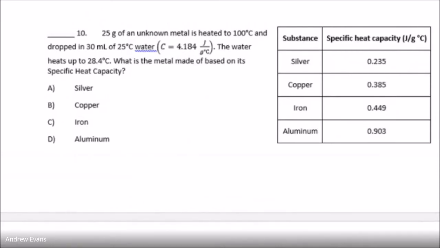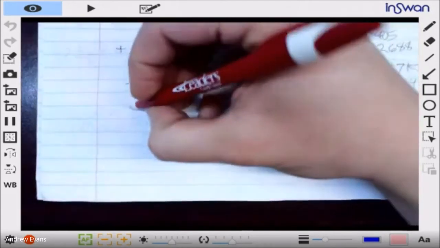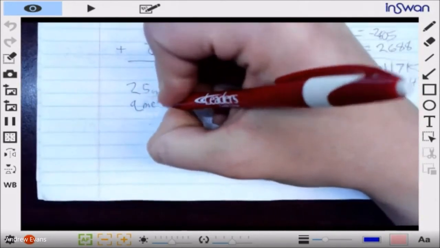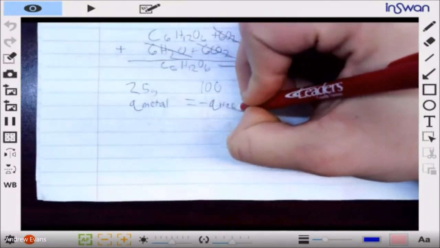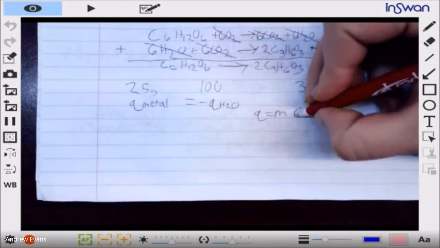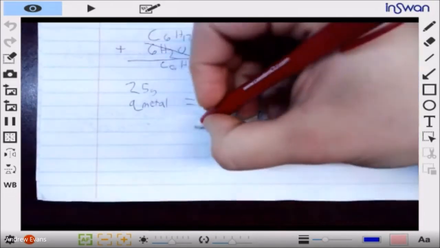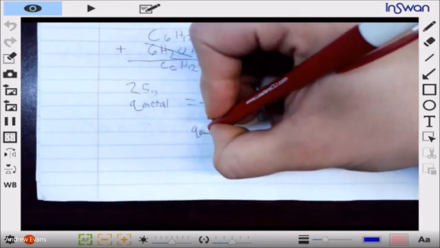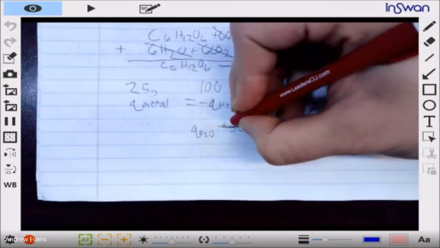Basically, the idea of this equation is heat capacity. Q in equals Q out. We say the Q of the metal is equal to the negative Q of the water. Q is equal to mass times heat capacity times change in temperature. So for the water, Q water, we have 30 mils, which is about 30 grams.